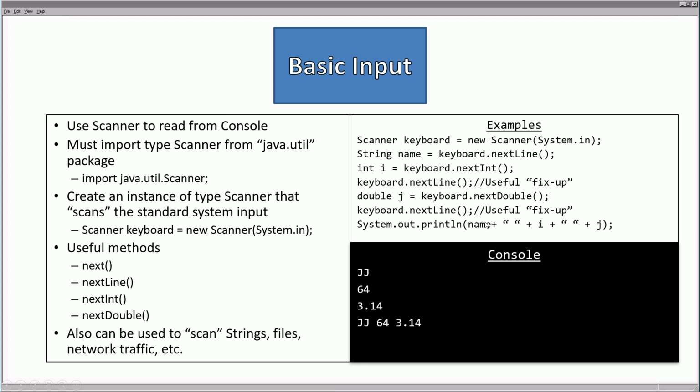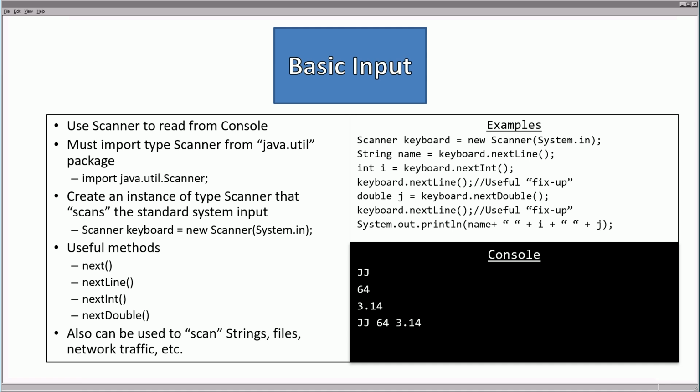We then use our fix-up after the nextDouble, and then we just print out the name plus a space, plus the value of i, plus a space, and plus the value of j, which is what's outputted here. We inputted the values JJ, 64, and 3.14 and outputted those values formatted just like this.